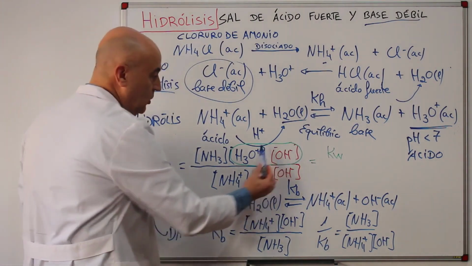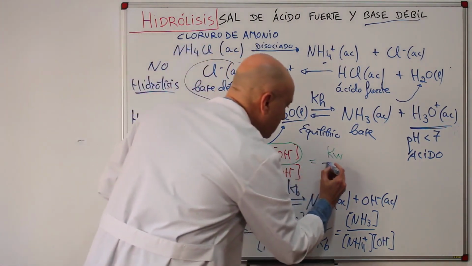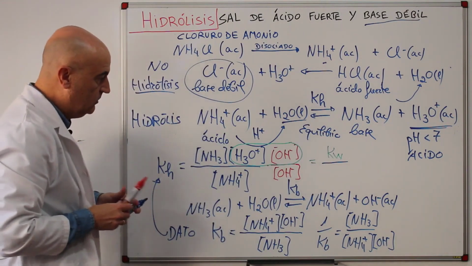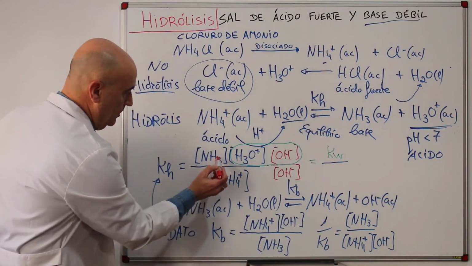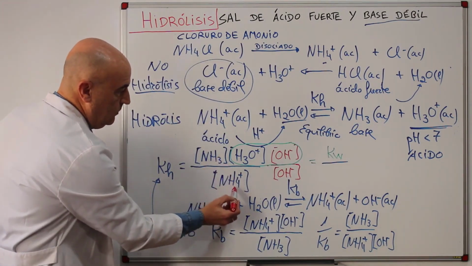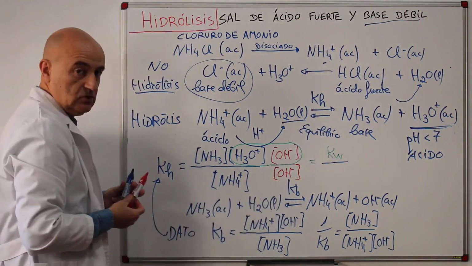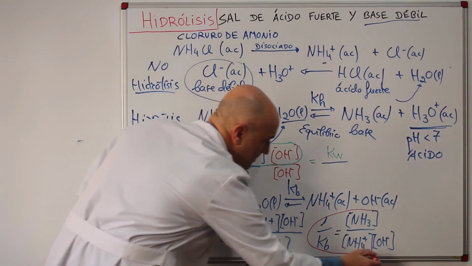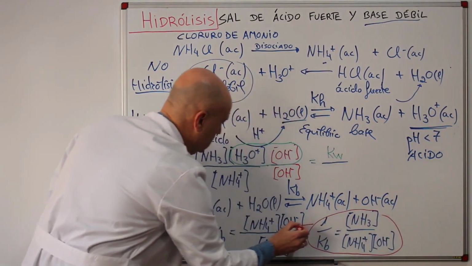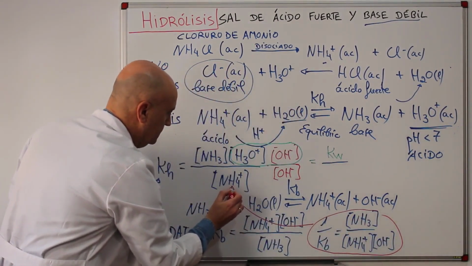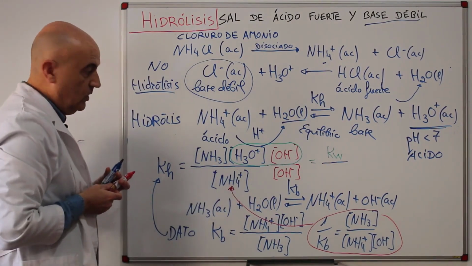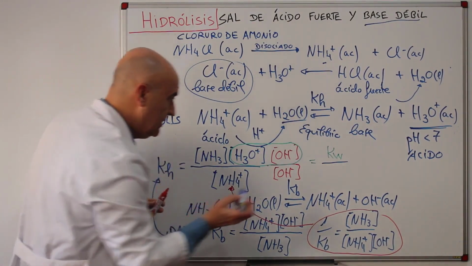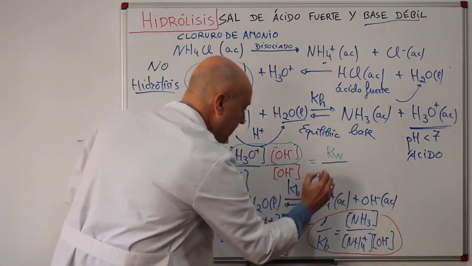I know this value. And what's left at the bottom? Ammonia, ammonium, and hydroxides, which is the same thing I have up here. So this is the inverse of K sub B, and therefore I put it at the bottom.